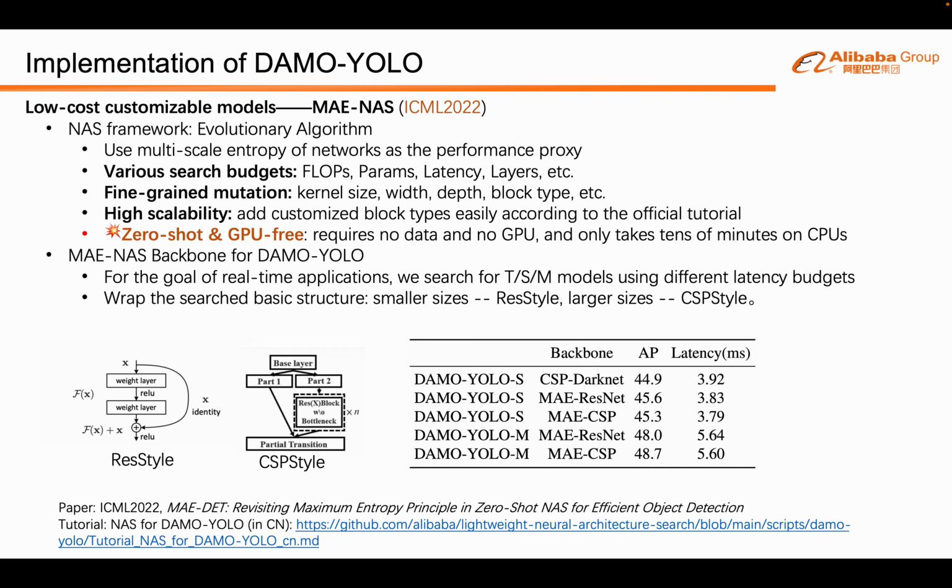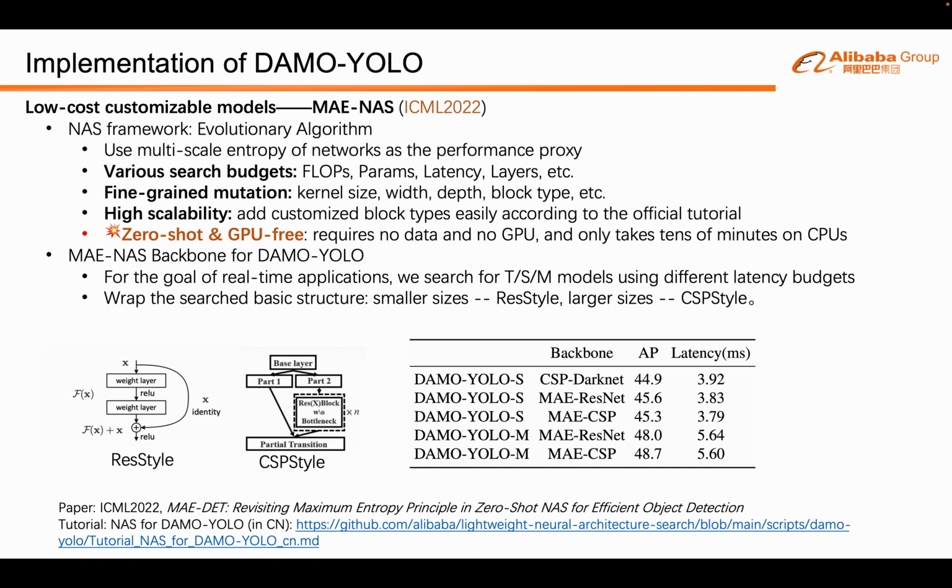There are several advantages of MAE-NAS. First of all, it supports various search budgets, such as FLOPs, number of parameters, latency, number of layers, and so on. Second, it supports fine-grained mutations, including kernel size, width, depth, block type, and so on. So it's highly scalable.